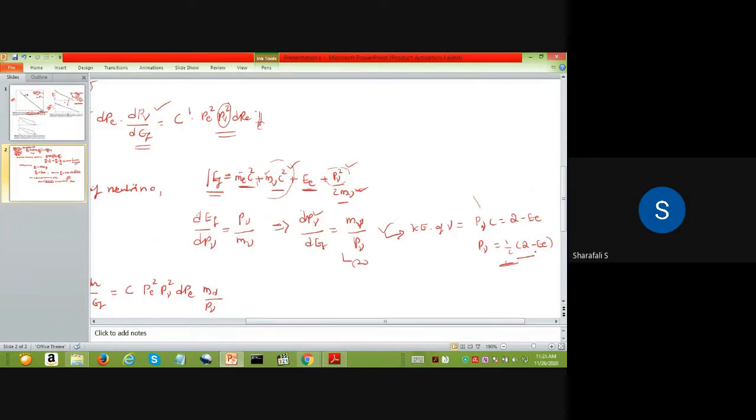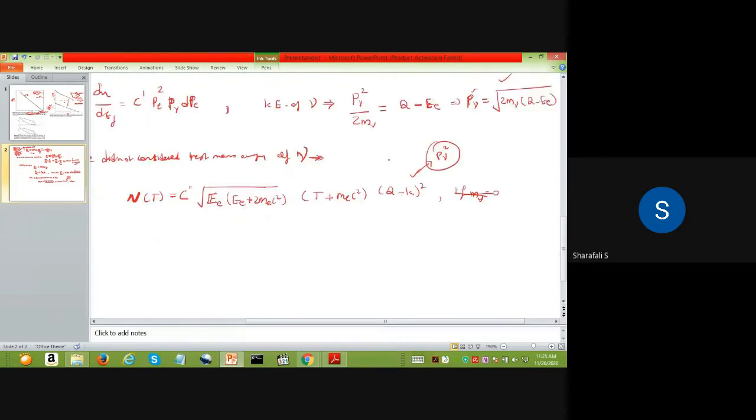Then we will get q minus E square. That is this term. Instead of K, it is E. That's how we got this term, this q minus E. But in this case, it is different. So the difference comes in the final value, especially in the final value.